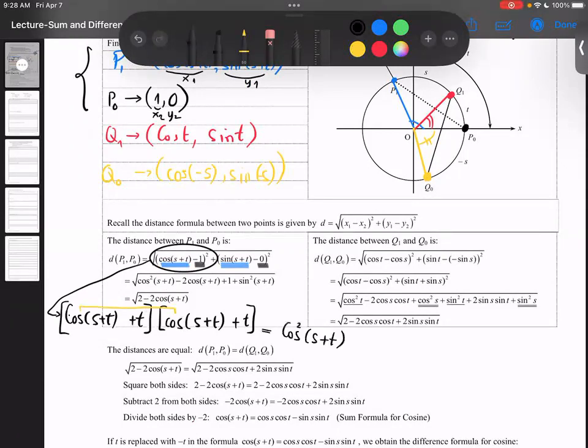That's the first term. Outer, FOIL, right? F-O-I-L, outer. Cosine s plus t times t. Oh, I'm sorry, that's minus 1. I'm sorry, I remembered it as t minus 1. My apology. Minus 1.